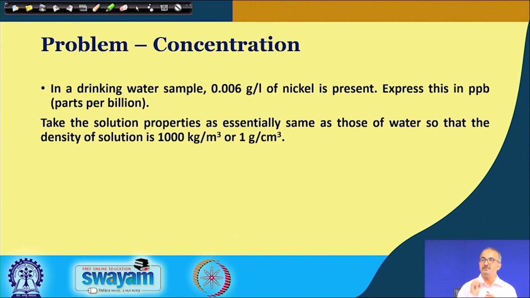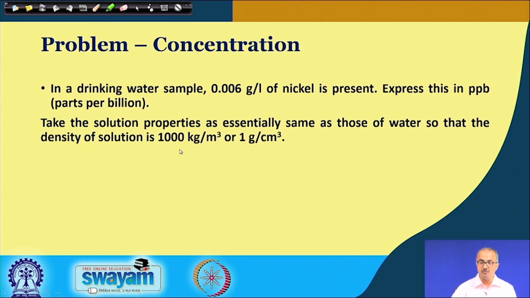Now, as such, ppb means part per billion, that means parts per 10 to the power 9. Parts per million means parts per 10 to the power 6. Okay. So, let us see how we convert this given thing in drinking water. It has 0.006 gram per liter of nickel, and we have to express this in terms of part per billion.